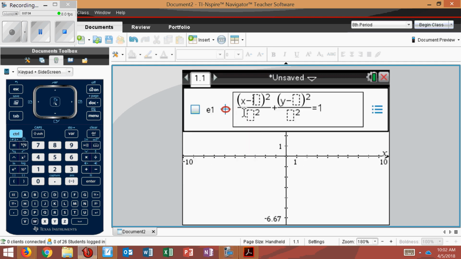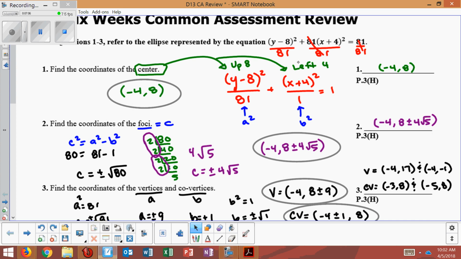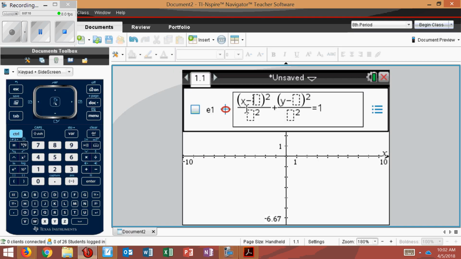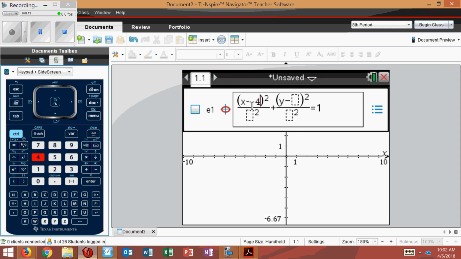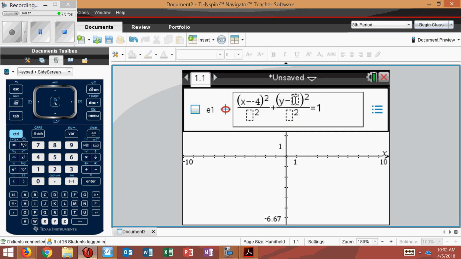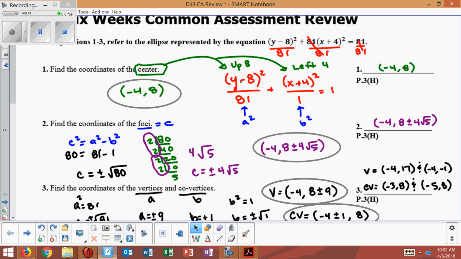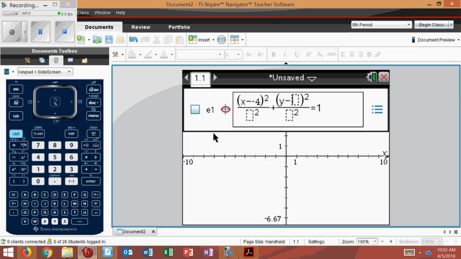Now it asks for the value of shift with the x. Notice it puts in a negative, so we want it to be positive 4. To make it positive 4, you must hit negative 4, because it's a negative of a negative. Go over to the y. Remember how it shifted up 8? That was because it said negative 8, so the negative is already there, just put an 8.